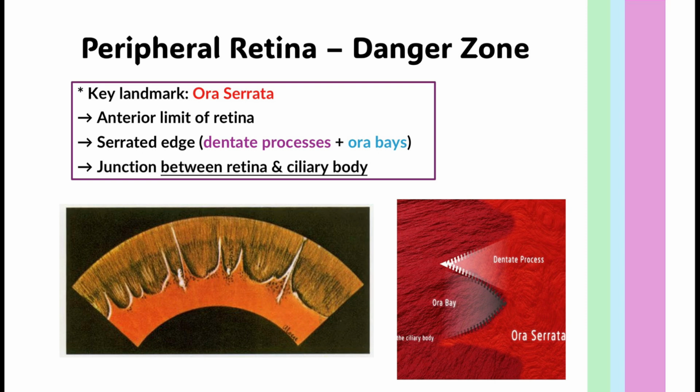It is formed by sharp, tooth-like projections of retinal tissue called dentate processes. These dentate processes are separated by rounded indentations of the pars plana epithelium called ora bays. And this alternating pattern between the dentate processes and the ora bays gives it that classic serrated appearance.